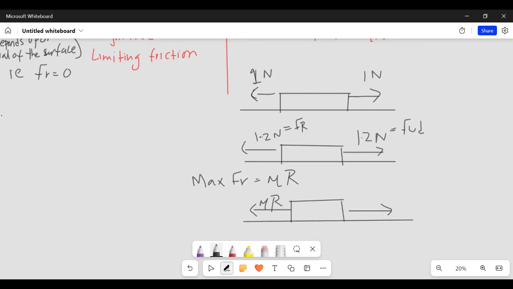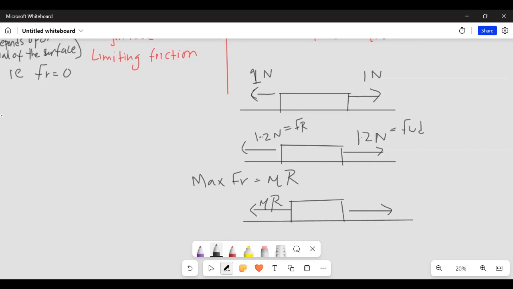सो अगर आप μR से ज्यादा फोर्स लगाओगे तो फिर ऑब्जेक्ट मूव करेगा. लेकिन अगर आप μR से कम फोर्स लगाओगे तो वो फ्रिक्शन भी उसी वैल्यू की आ जाती है. जिस जिस वैल्यू की फॉरवर्ड फोर्स है, फ्रिक्शन भी अपनी वही वैल्यू ले लेती है, तो वो ऑब्जेक्ट को मूव ही नहीं होने देती. लेकिन अगर आप लिमिटिंग फ्रिक्शन से ज्यादा फोर्स लगाओगे तो फॉरवर्ड फोर्स ग्रेटर हो जाती है, फ्रिक्शन स्मॉलर हो जाती है और ऑब्जेक्ट मूव करने लग जाता है. ठीक है.